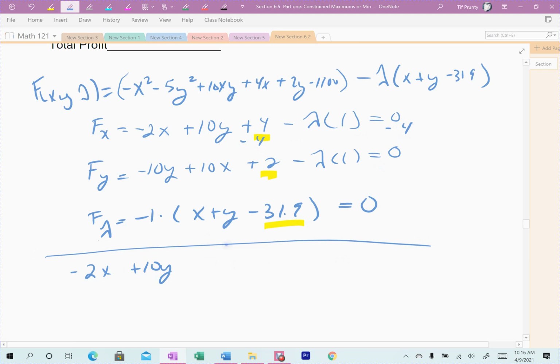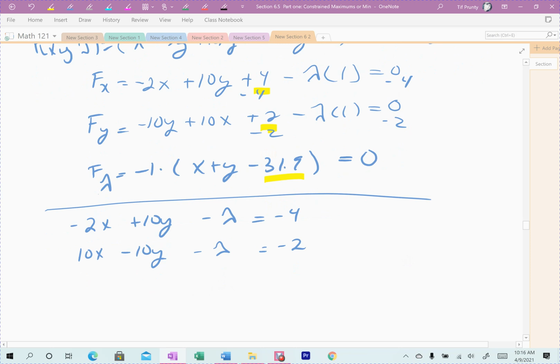So my 4 is moved over, so it's set equal to negative 4, and then I've got lambda times 1, so negative lambda there. All right, so that's my first equation. Second equation, again, x first, so it's 10x minus 10y. I've got to move that 2 to the other side, so I get a negative 2, right? Subtract the plus 2, move it to the other side. And that also has a negative lambda. And then the last one's always the constraint equation. I have x plus y equals my 31.90.